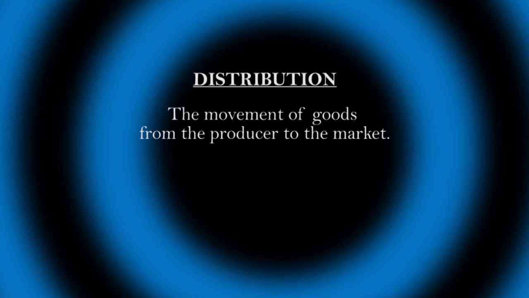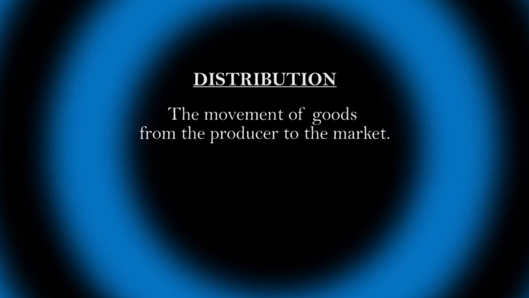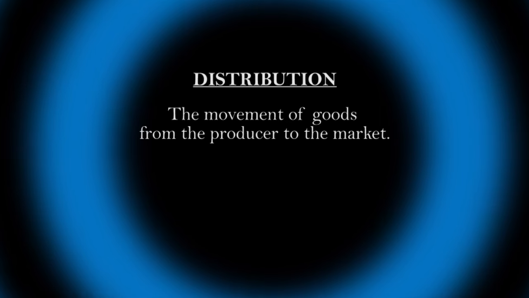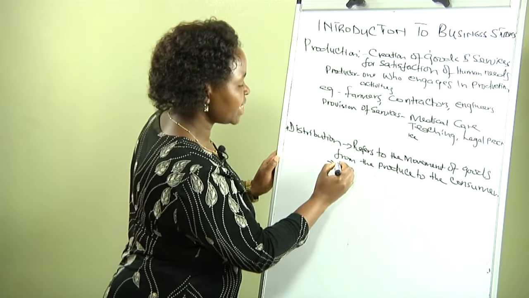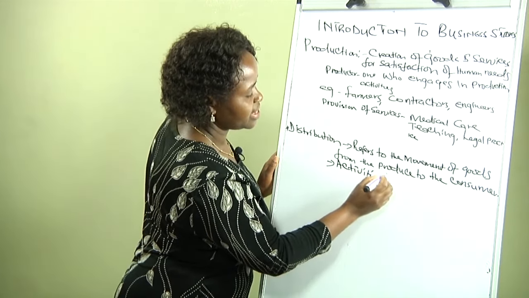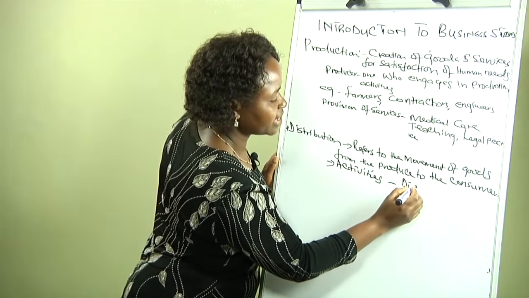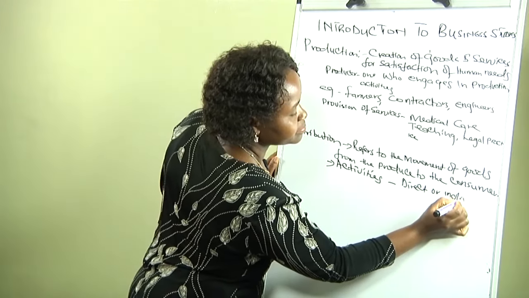Distribution means the movement of goods from the producer to where the consumer can easily access the goods. In the process of distribution, we may have various activities that are either direct or indirect.